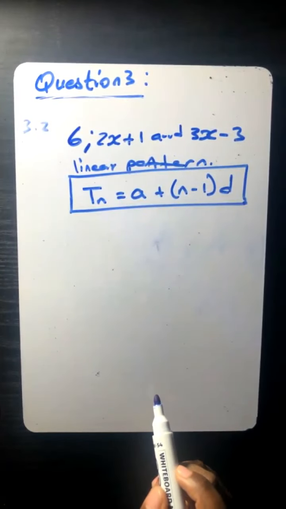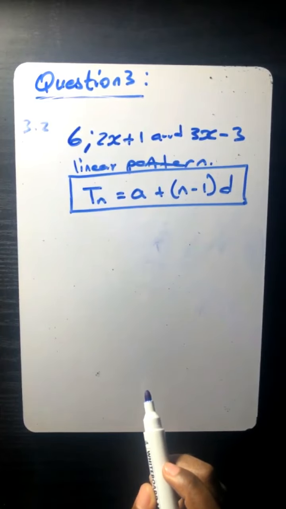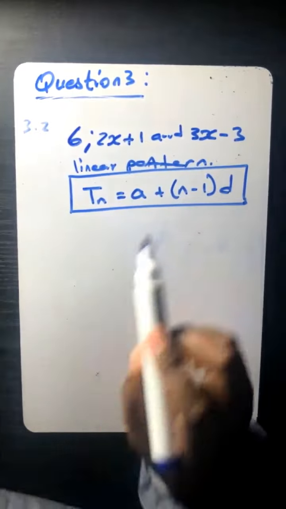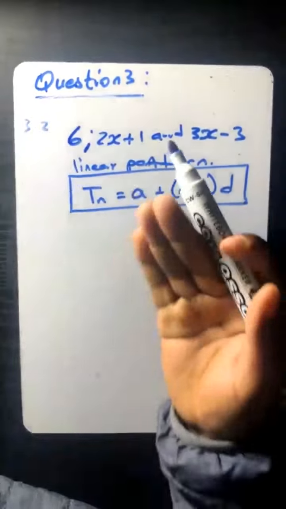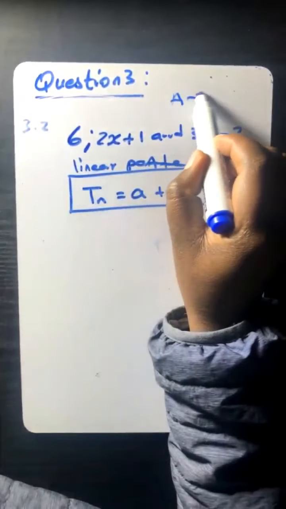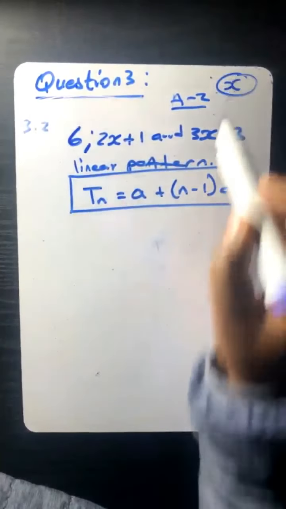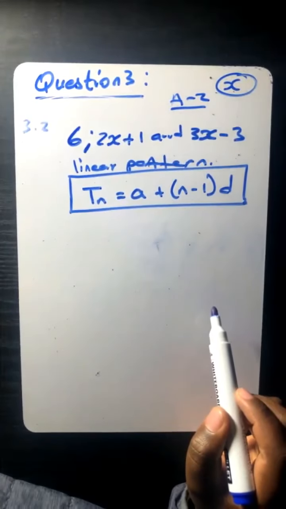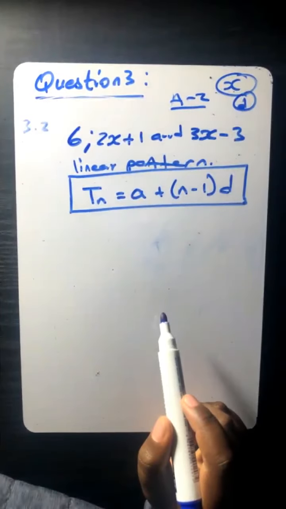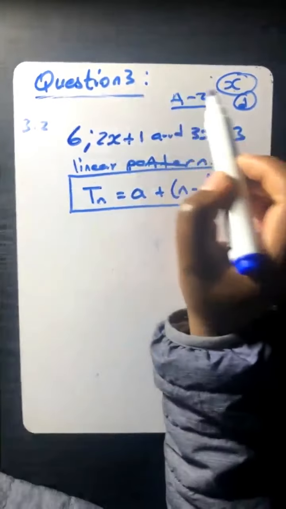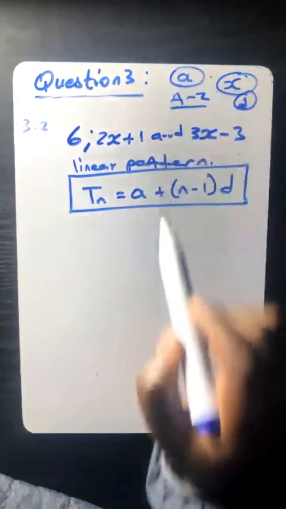Okay, so let's see, ladies and gentlemen. They say calculate the value of x. Normally, when you are given this type of pattern, especially with letters, it could be any letter from A up to Z. In this case, the examiner chose to use the letter x. Sometimes they can use the letter d if whoever is sitting the question paper is Desmond, but if it's Adelaine, they are going to use a instead of x.